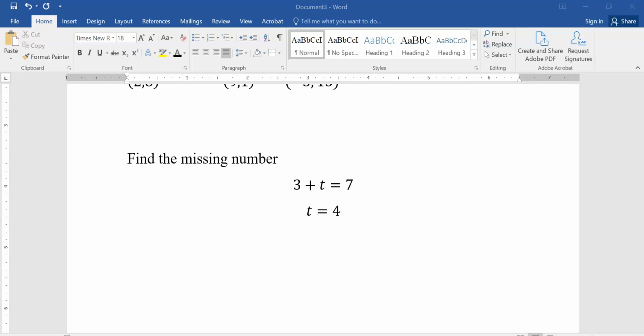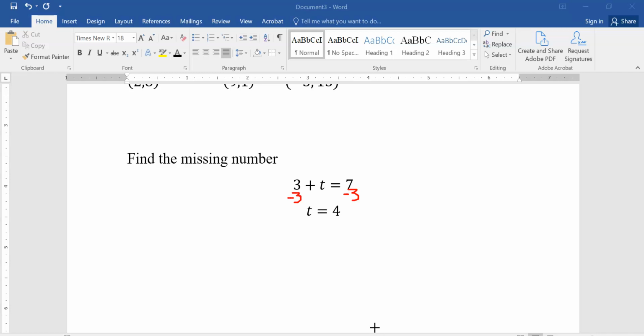Well, hopefully you subtracted 3 from each side. Whoops, I'm sorry about that. I was on the wrong one. So hopefully you subtracted 3 from the left side, subtracted 3 from the right side, and that's how you ended up with t equals 4.